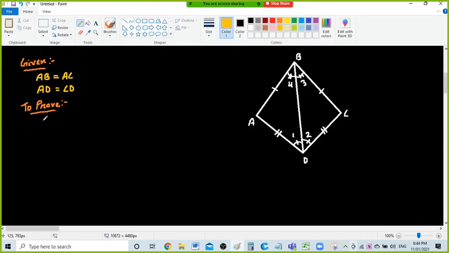You have to mention angle 1 equals angle 2 and angle 3 equals angle 4. Alright. Now, let's start the proof. See how we can proceed with this question.